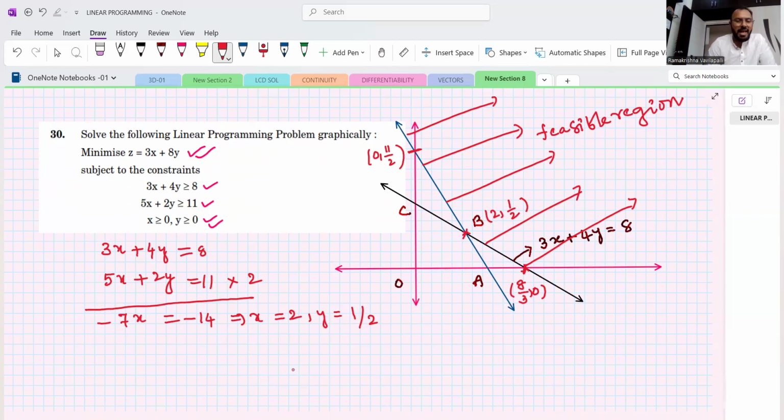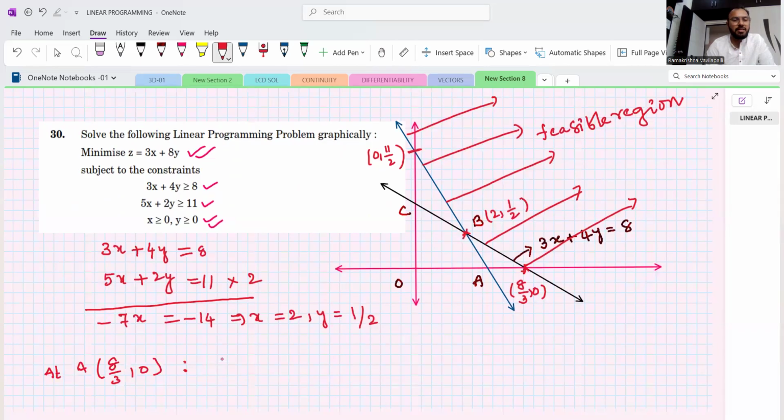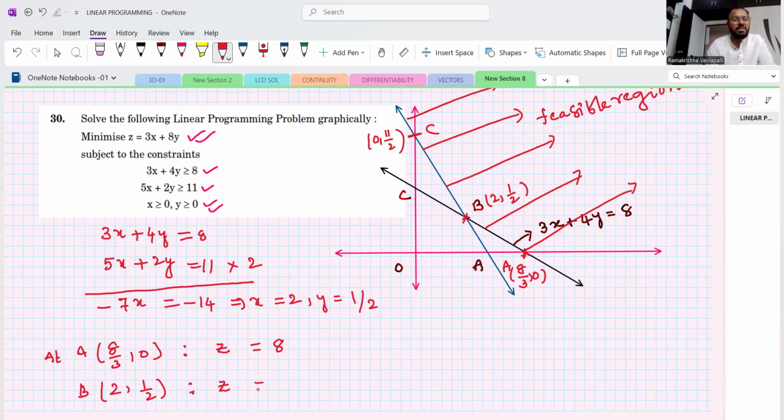Now, at A, (8 by 3, 0): what is the objective value at A? z is equal to 8. Assume this is A, B, and this is the point C. At B, (2, 1 by 2): what is the value of z? z is equal to 6 plus 4, that is 10.